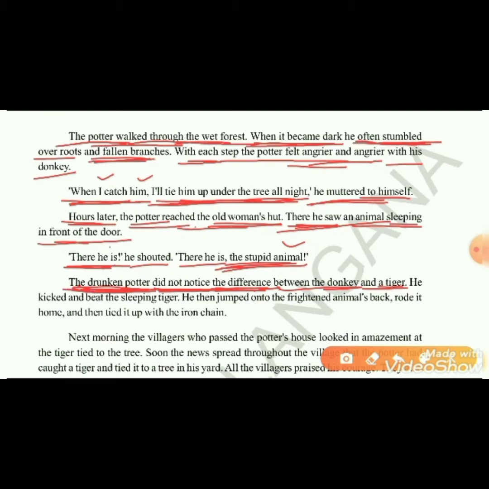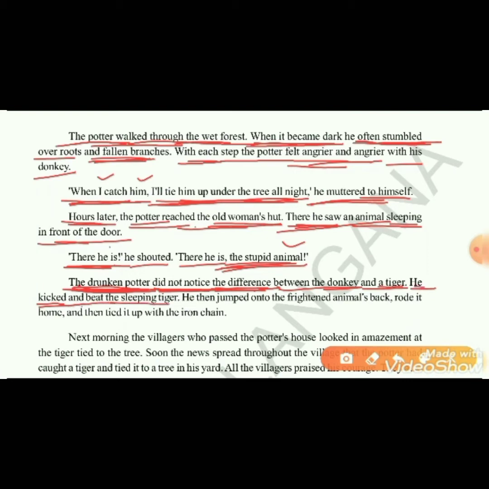Now you understand the flashback behind catching this tiger, because he did not notice that this is the tiger. He is thinking that this is the animal that he is searching for. What is the animal he is searching for? It is his domestic donkey.